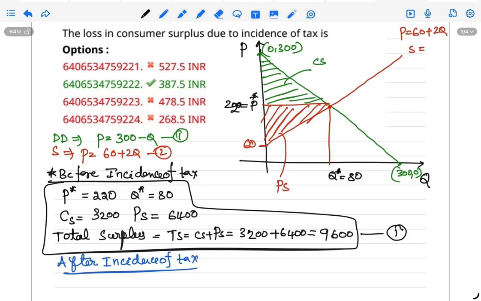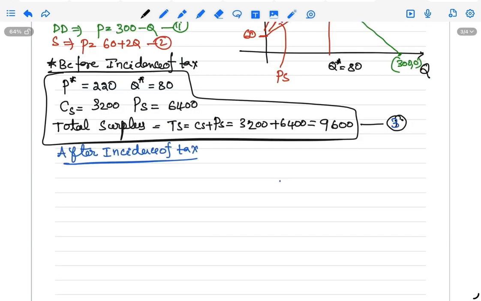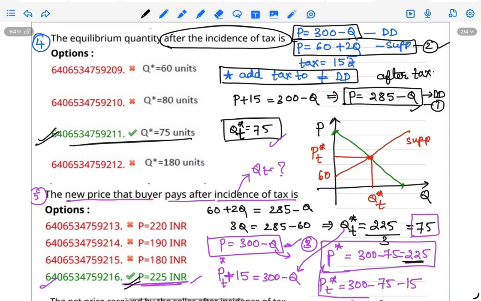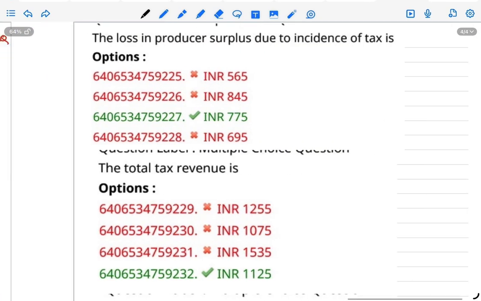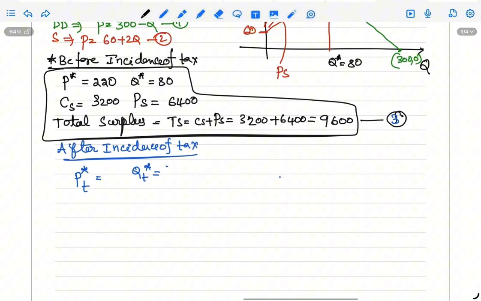So the supply curve shifted up, this blue color curve, after tax, that is supply after tax T. We already calculated P star and Q star after the incidence of tax. QT star is 75 and PT star is 225.